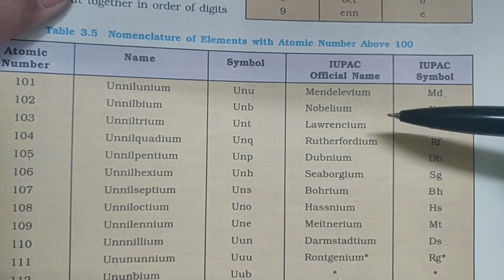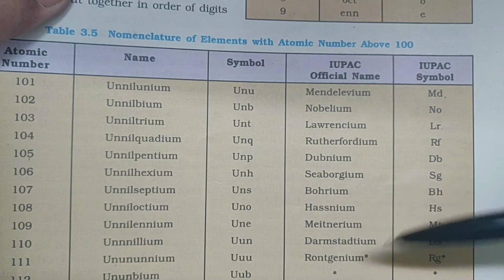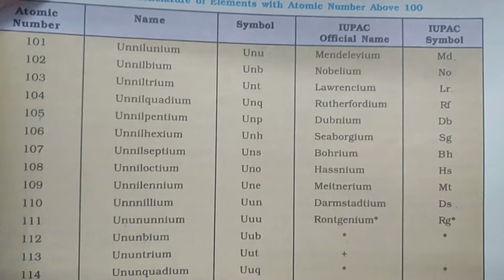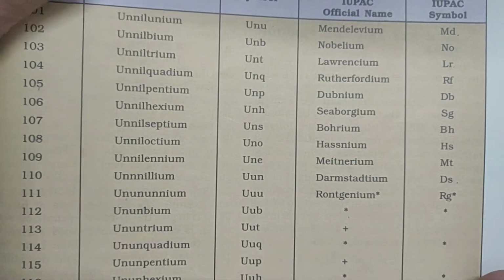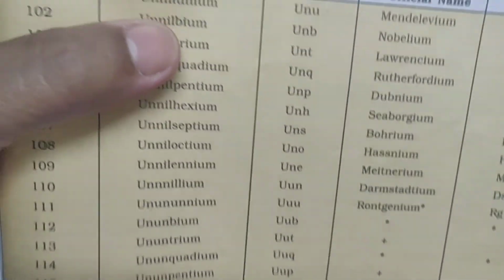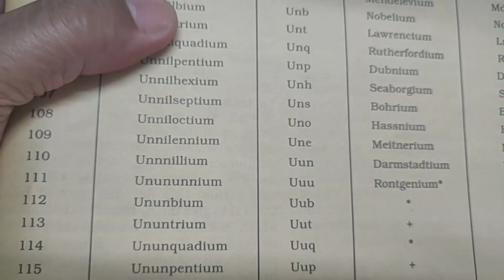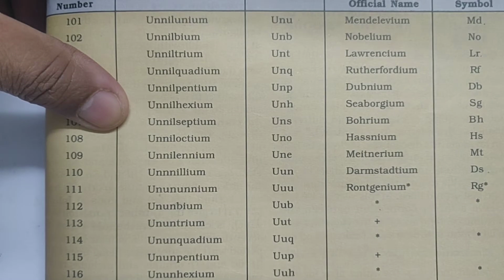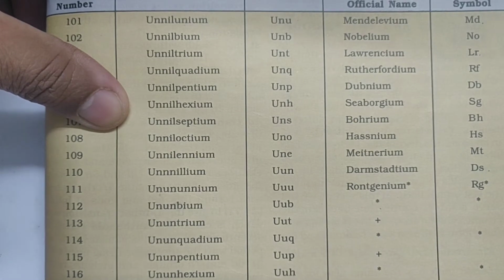So like that you have all the IUPAC names, right? And now if you have say 119 or 120, then if it is 119, how will you write it?